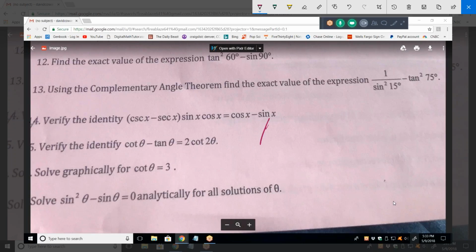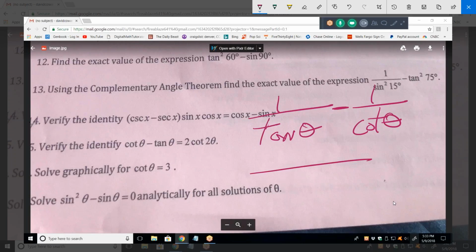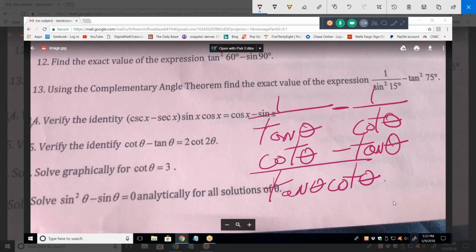Let's see, that would also be 1 over tangent of theta minus 1 over cotangent of theta, which becomes tangent theta cotangent theta. So we end up with cotangent theta minus tangent theta.